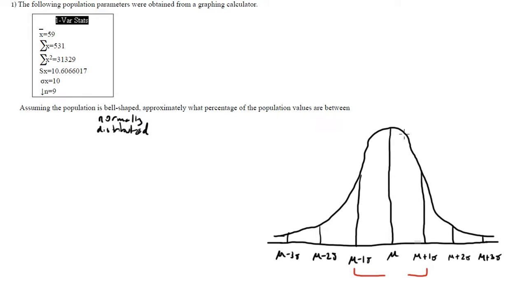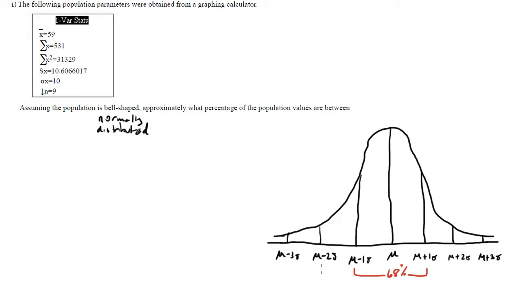In this region, when we're talking about a normal distribution, about 68% of my values are in that interval.